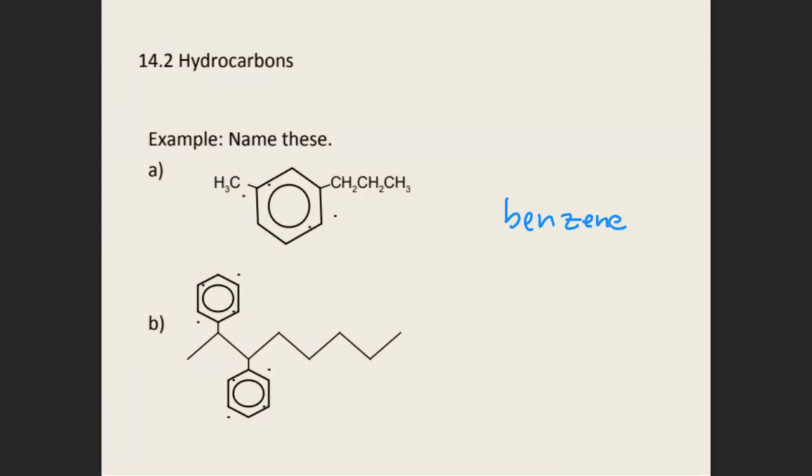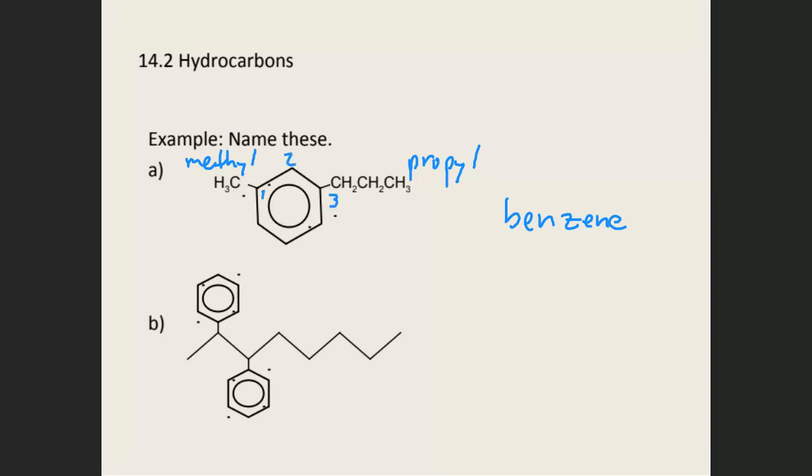Okay. Now I have to locate those branches, and you'll notice one is a methyl and one is a propyl. Let's see, I always say methyl first because M comes before P in the alphabet. It's very much like a ring structure. So there's no obvious starting point for carbon 1, but let's call this 1, 2, and 3.